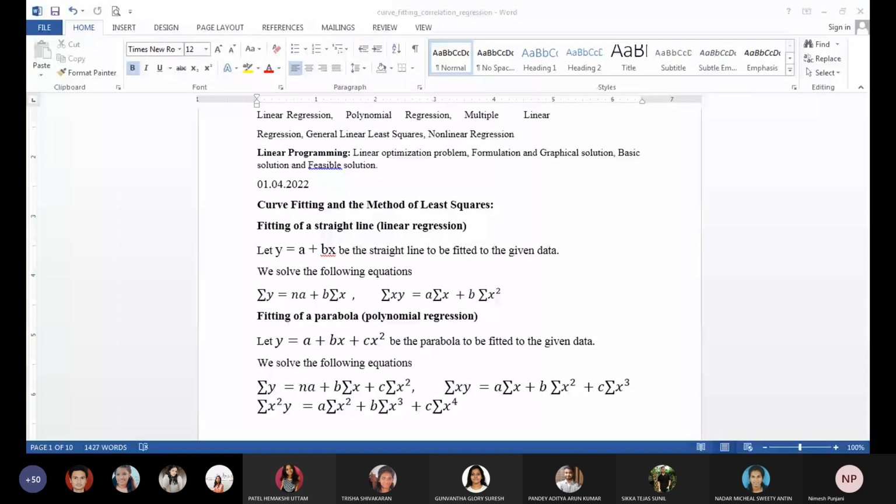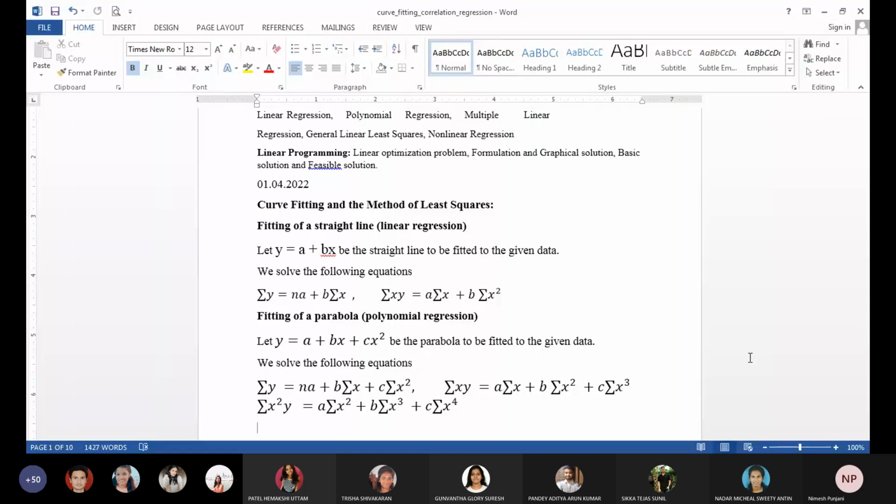Yes, I was telling how to get the three equations of the parabola. Take the equation of the parabola, y equals a plus bx plus cx², and add it n times, and you will get the first equation.